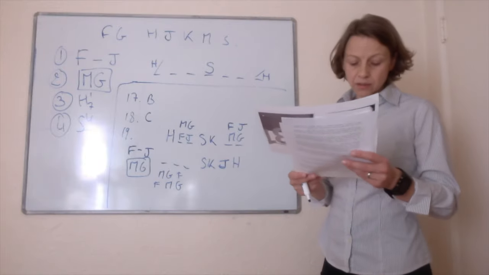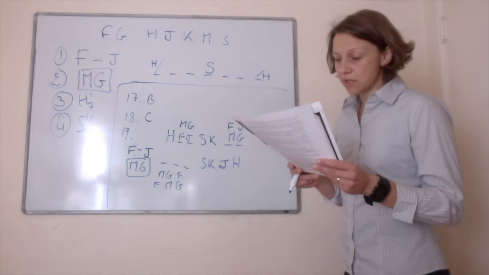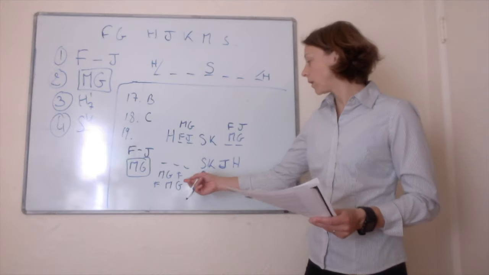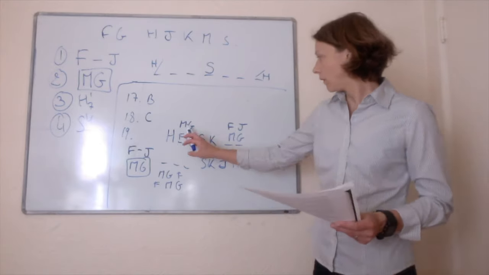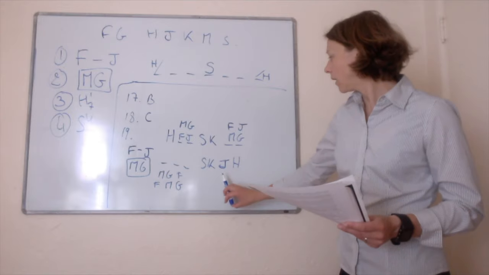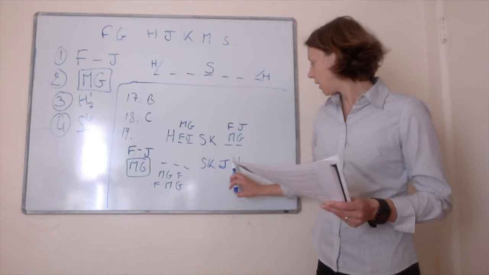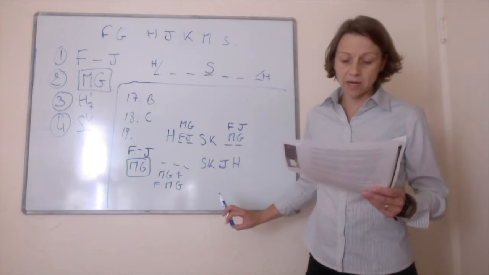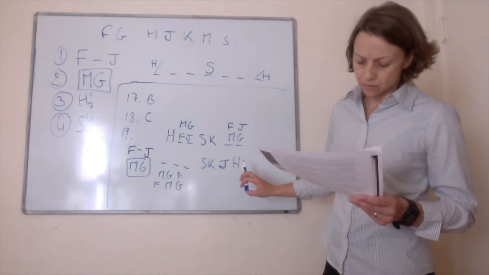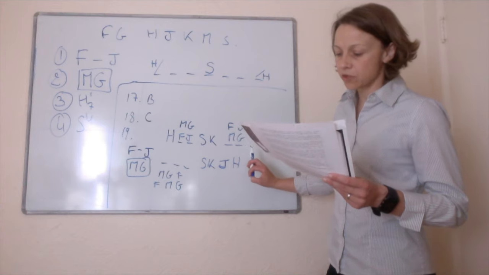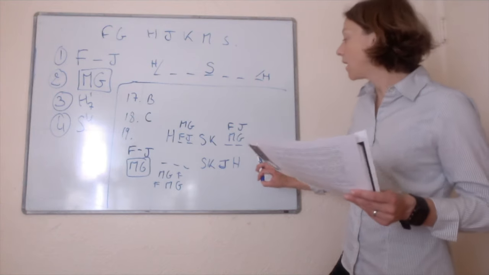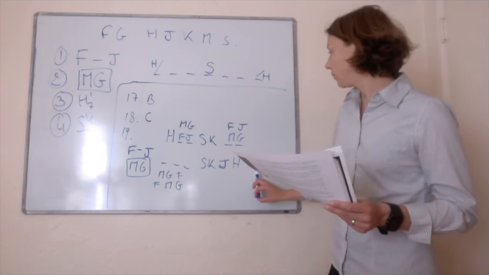Okay, so let's look. G and H. Can G and H be one close to another? Here G cannot be next to H because M is necessary to be next to it. Here again G needs to be far away from H, so A is not the right answer. And then B is G and J. G and J, can they be together?